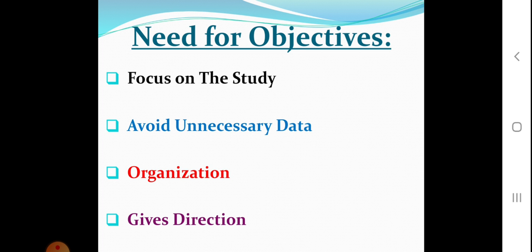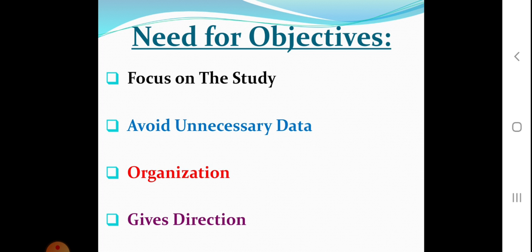The third need for research objectives is organization. Dear students, the formulation of objectives organizes the study into clearly defined parts, clearly defined phases. Thus, the objectives help organize the study results into main parts as per the objectives.